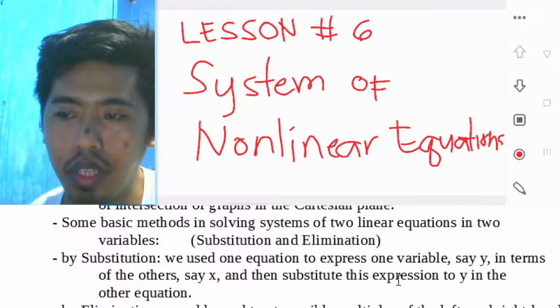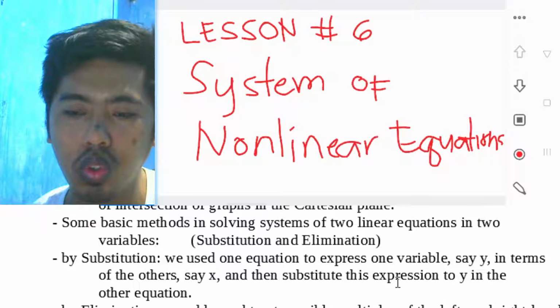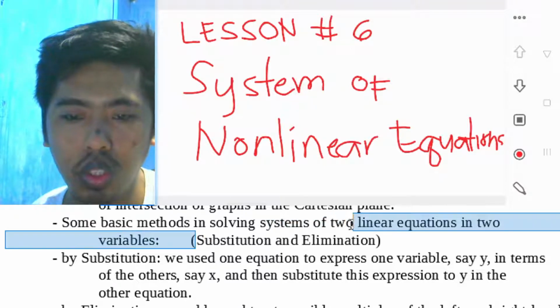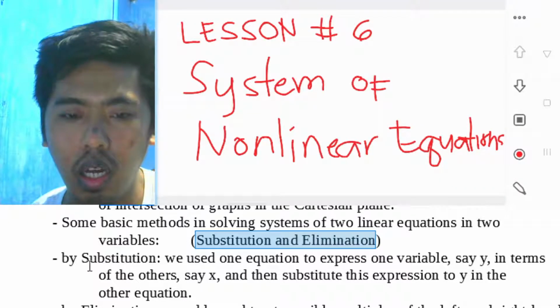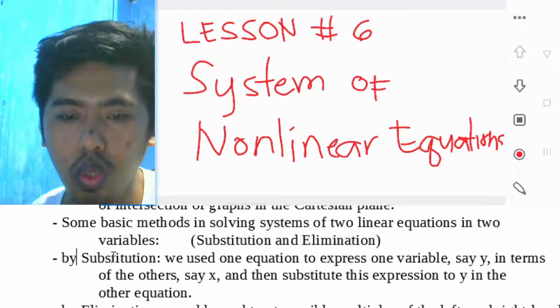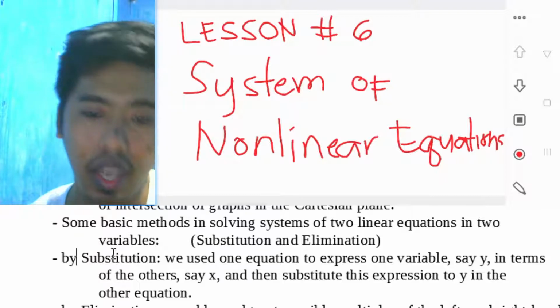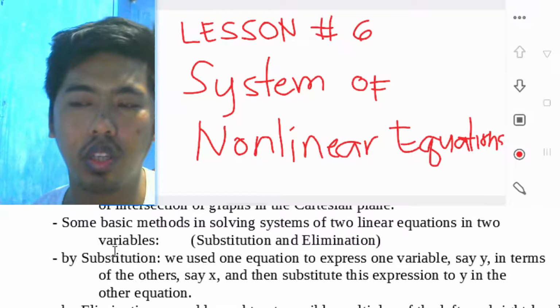Next, some basic methods in solving system of two linear equations in two variables. These are substitution and elimination. I know you are very familiar with this. By substitution, guys, we use one equation to express one variable, say y, in terms of the other, say x, and then substitute this expression for y in the other equation.